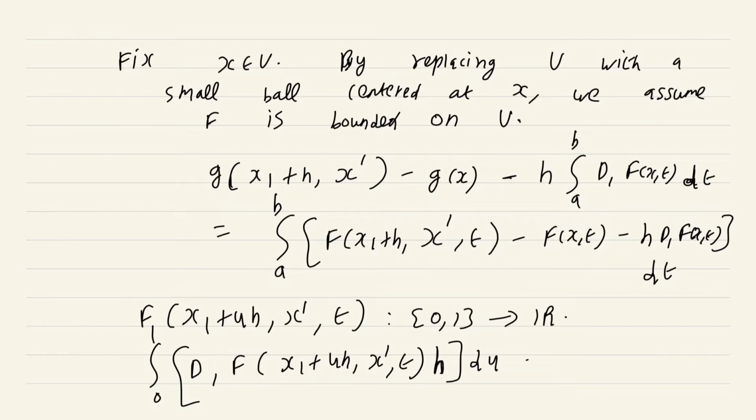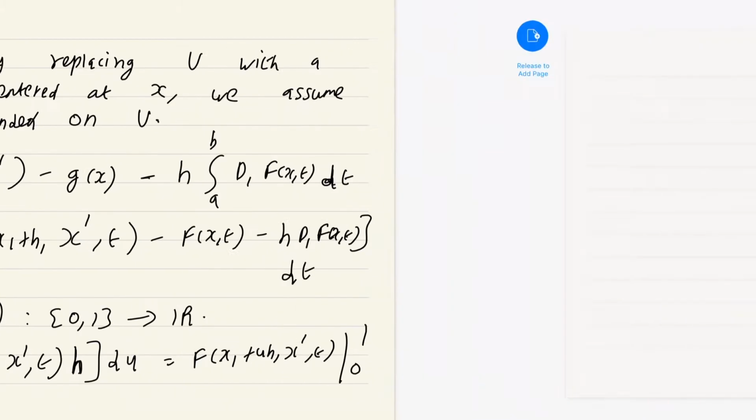I will just get f of x1 plus uh comma x prime comma t with the limits 0 and 1, which is just f of x1 plus h comma x prime comma t minus f of x1 comma x prime comma t, right?